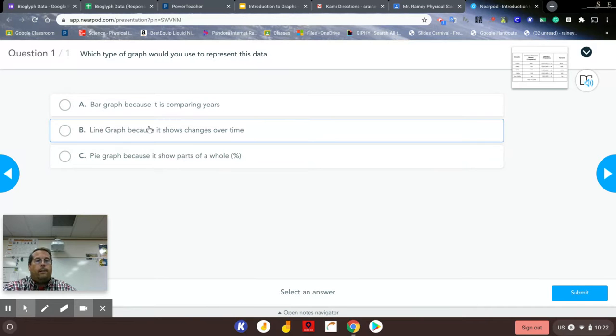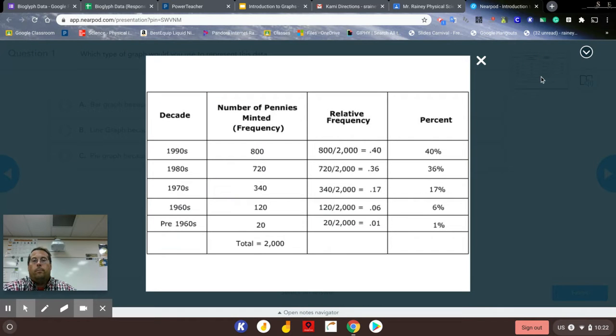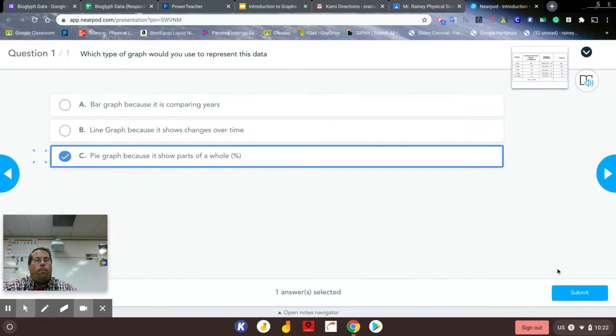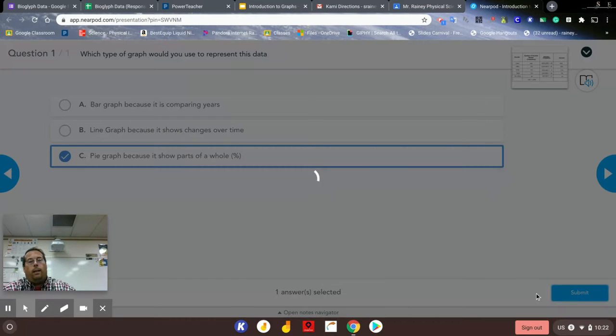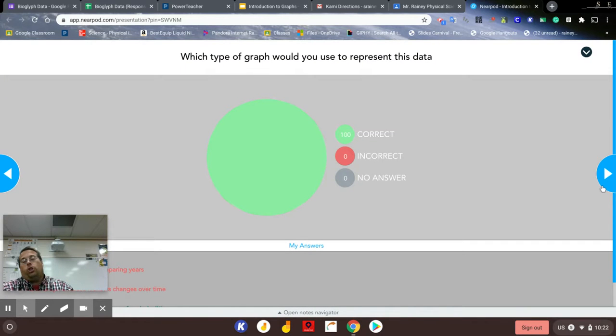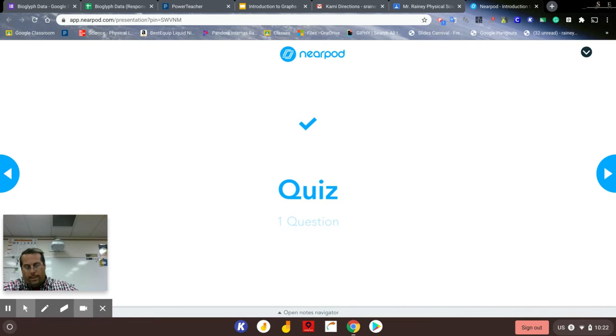It's not comparing years. It's not a line graph. It does show changes over time, but it's really showing the percentage, how many are minted. So that would be parts of a whole. I guess we could also make the argument for line graph because it is showing how it changes over time, but a pie graph would show me overall how many pennies were minted and when they were minted.